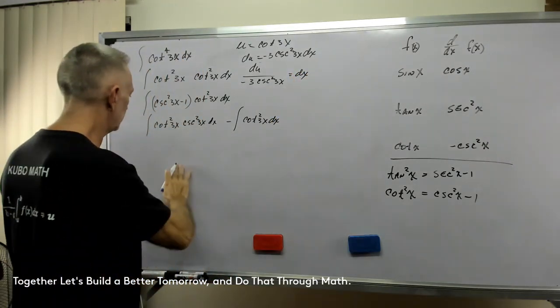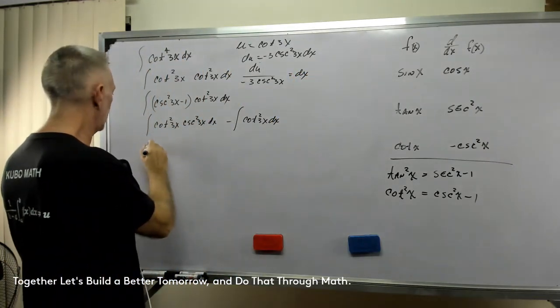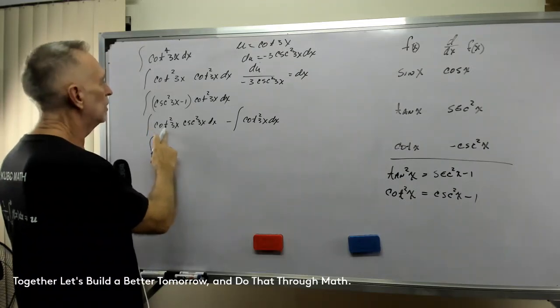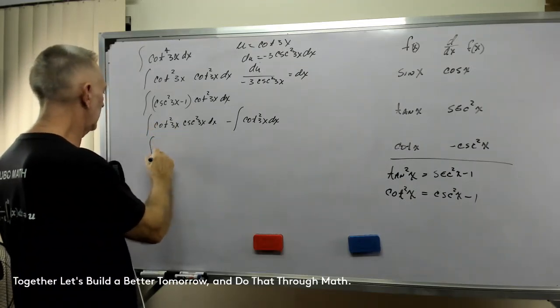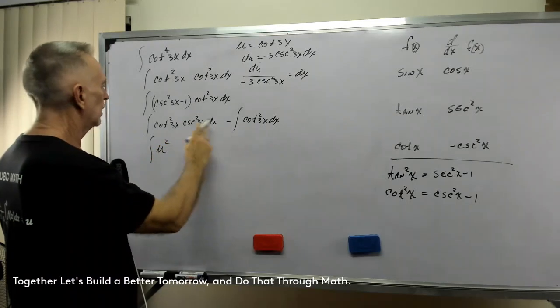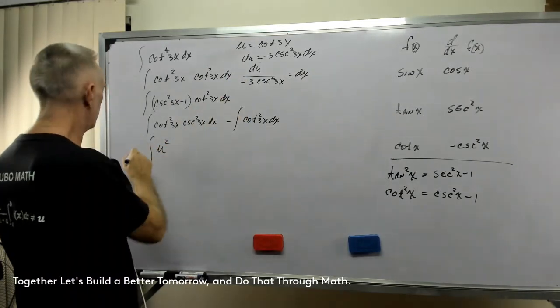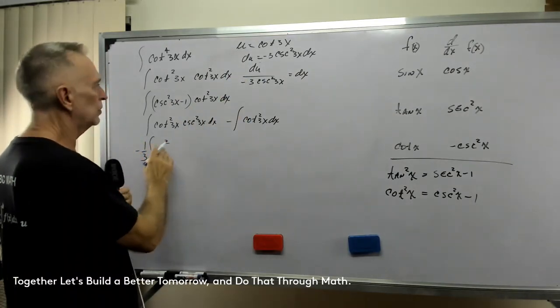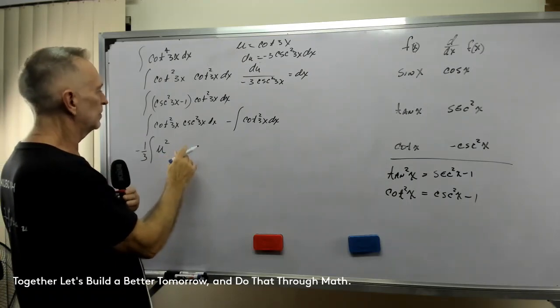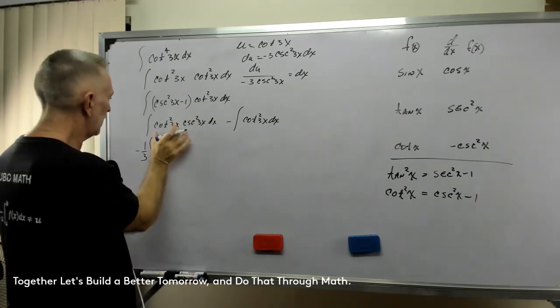So let's substitute those items in. So now we have the integral of u squared, and I have a minus 1/3. Let's not lose that. That happens to me sometimes. All right, so that's my u squared.